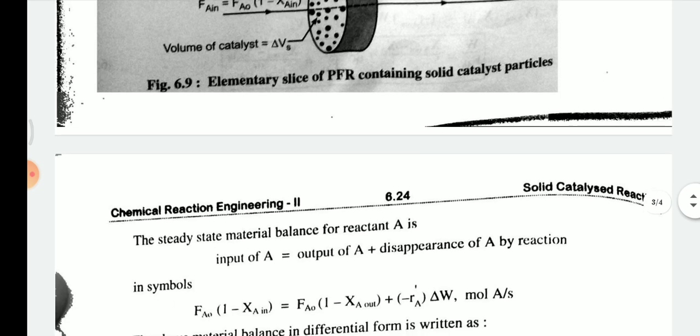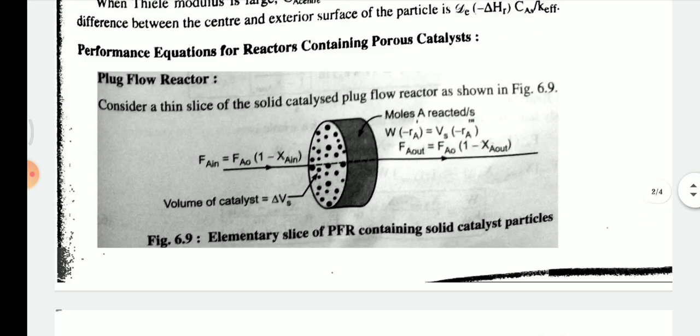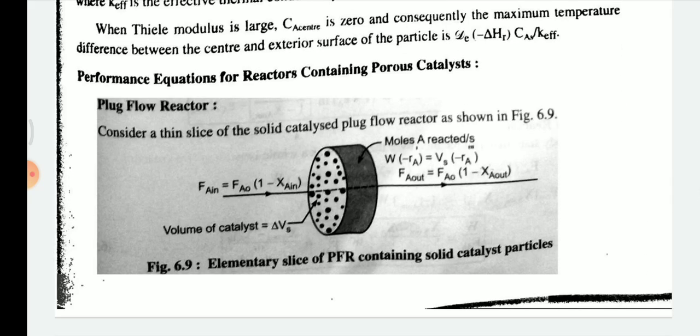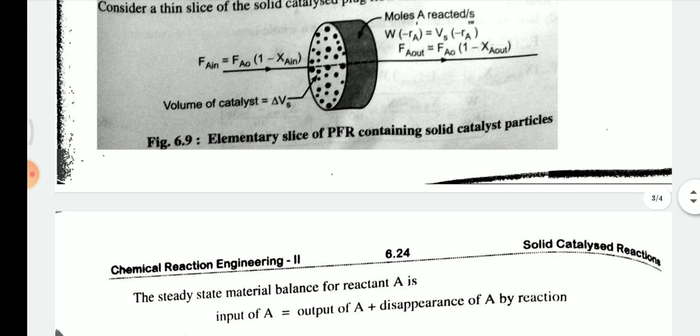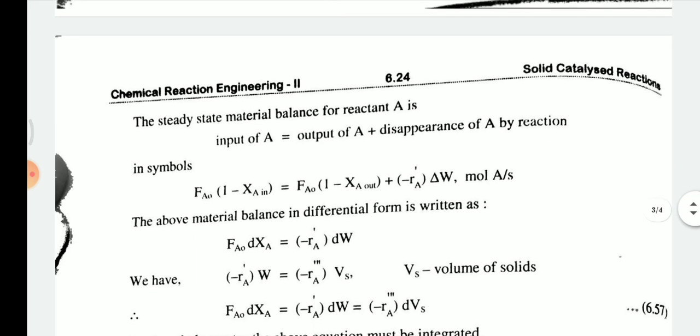So from the inlet and outlet we come to know Fa in, the fluid in, having a cross-section area A, of material A. Now, the steady state material balance for the reactant A: we have to allow the steady state condition. So input is equal to output plus disappearance or accumulation.